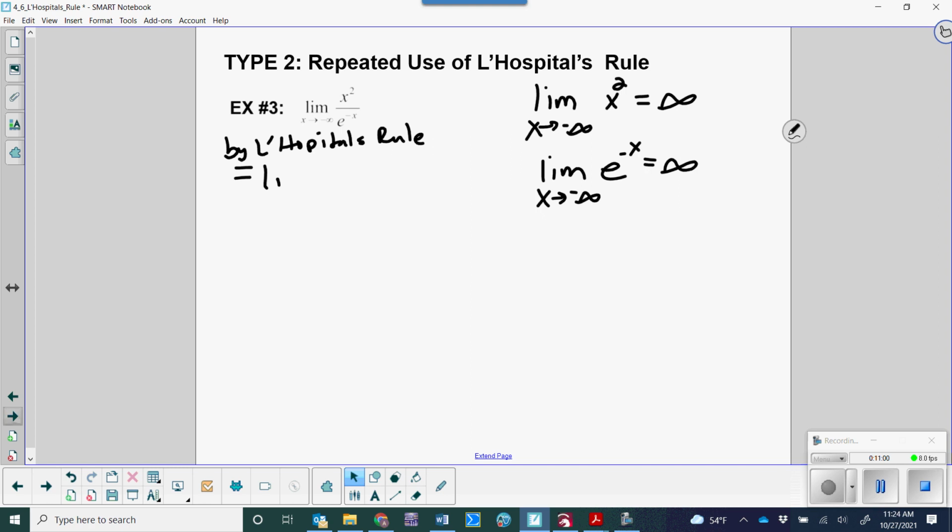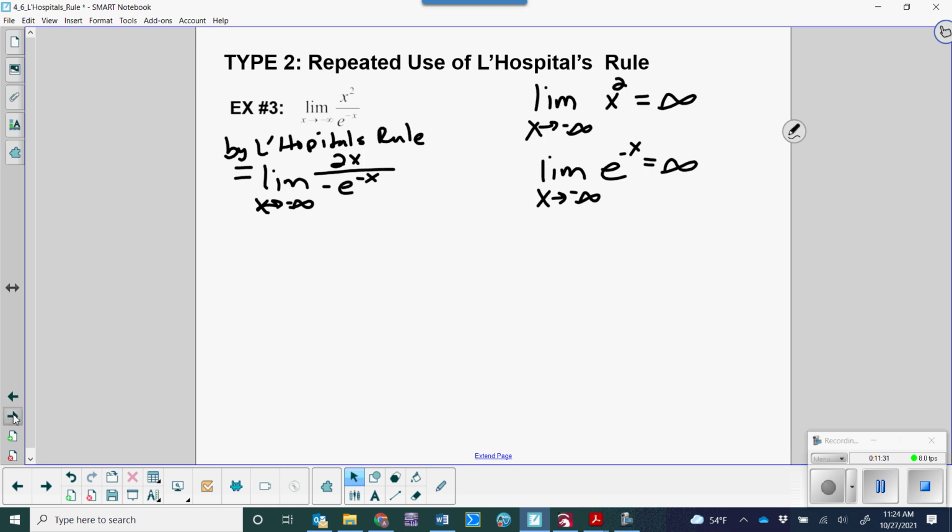I would do the limit as x approaches minus infinity of derivative of the top over derivative of the bottom. Derivative of e to the something is just to rewrite the whole function times the derivative of the inside, because the inside was not plain x. Derivative of the top. Well, now if I put in minus infinity, I'm going to get minus infinity on the top, and I'm going to get minus infinity on the bottom.